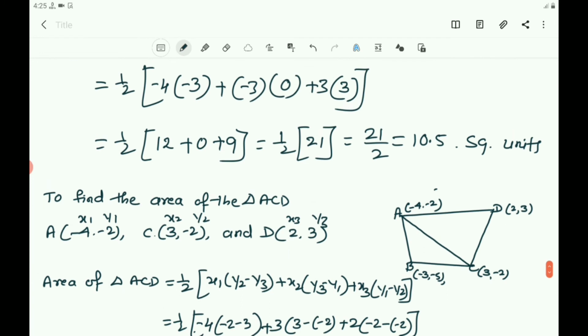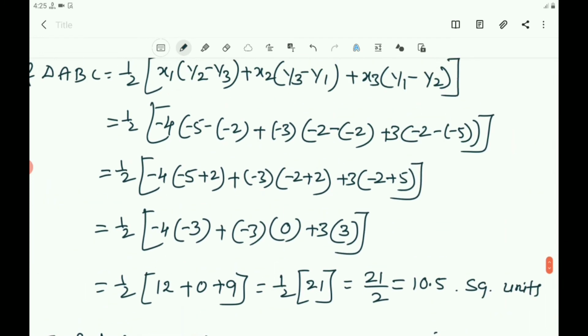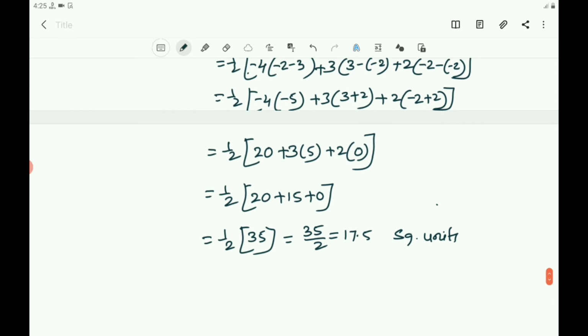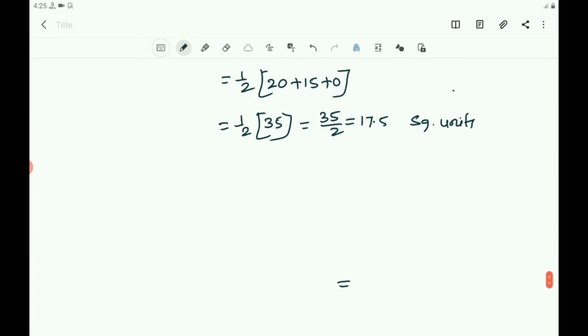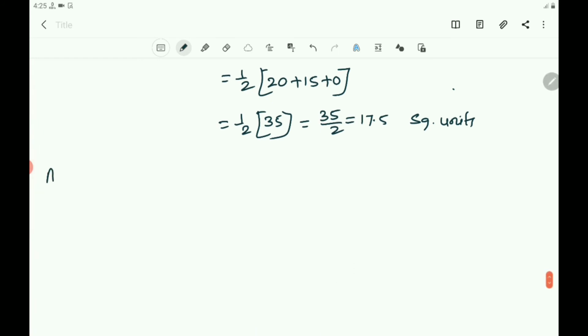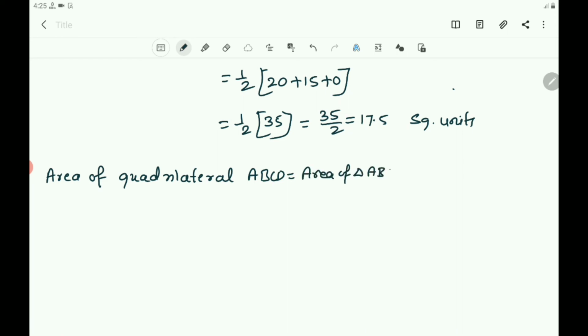The area of the triangle ABC is 10.5 square units and the area of the triangle ACD is 17.5 square units. So you write the area of the quadrilateral ABCD equals area of triangle ABC plus area of triangle ACD.